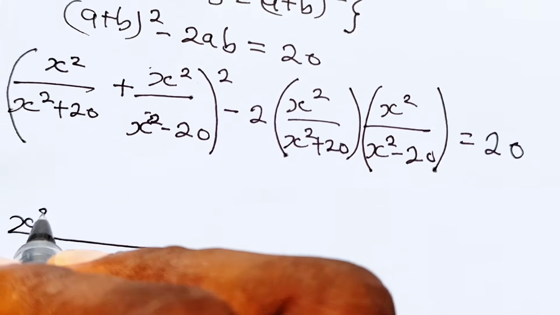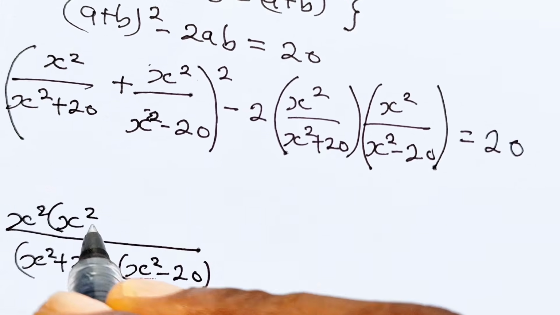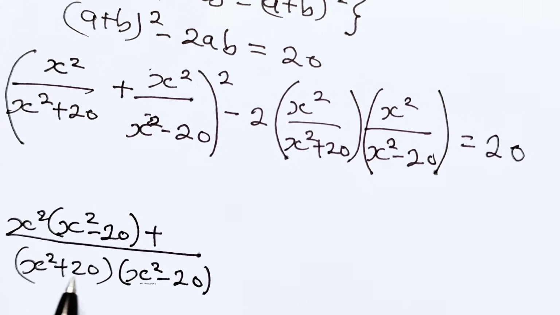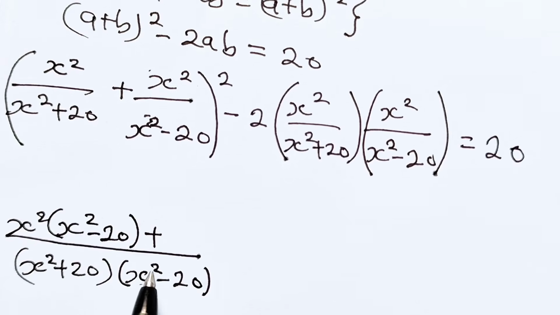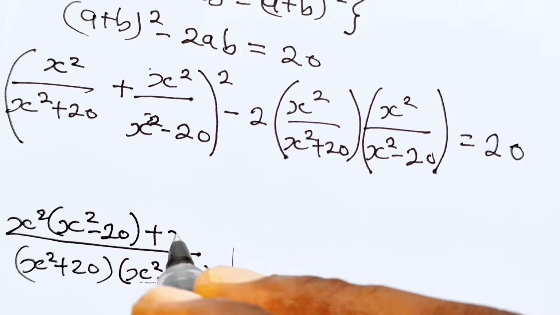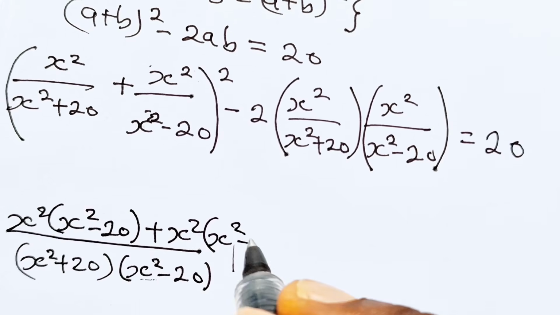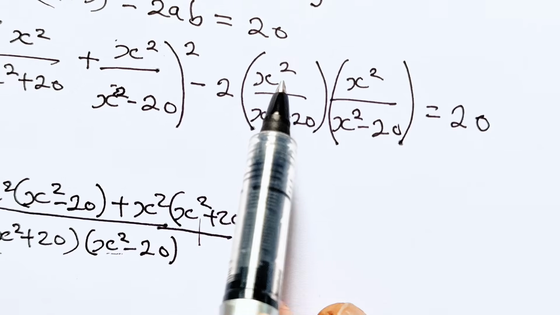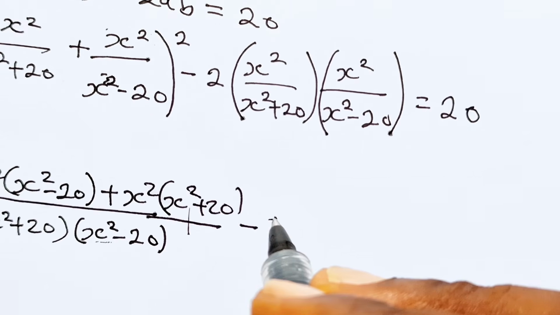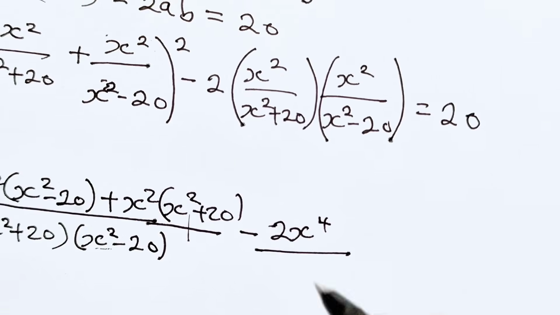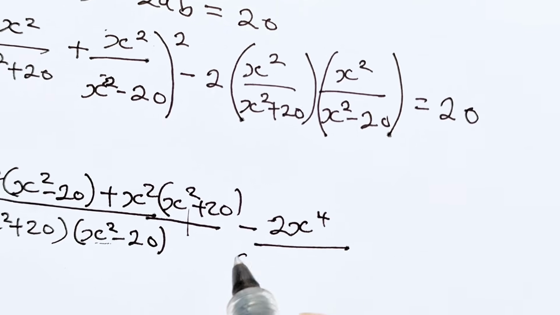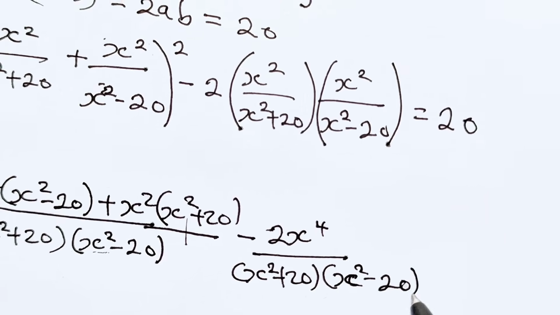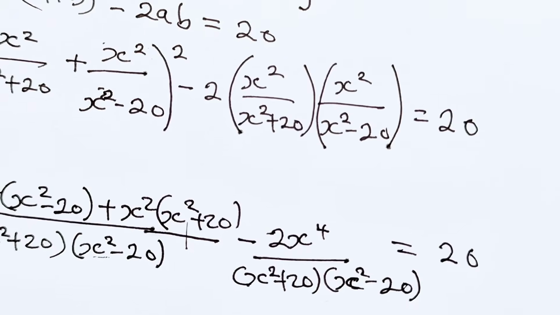So we're going to have x squared times x squared minus 20, plus, now when this divides this, we're left with plus x squared multiplied by x squared plus 20. Then minus 2 times x squared times x squared, which is 2x to the power of 4, divided by the denominator as well, x squared plus 20 multiplied by x squared minus 20. And this is equal to 20.